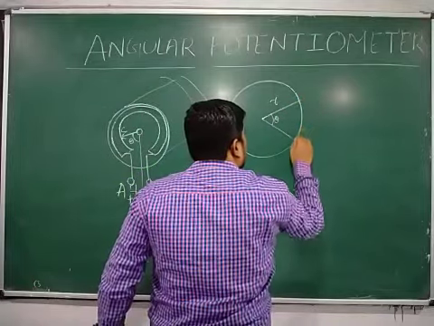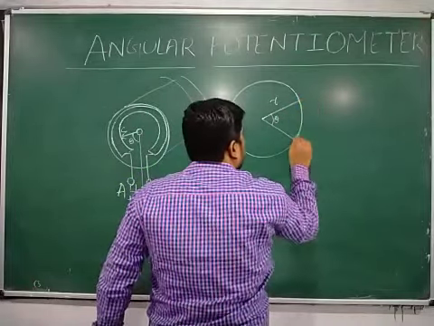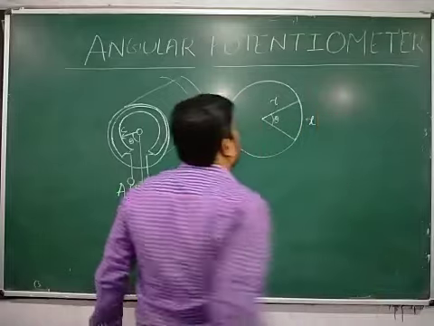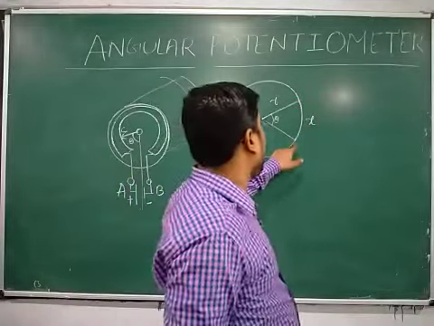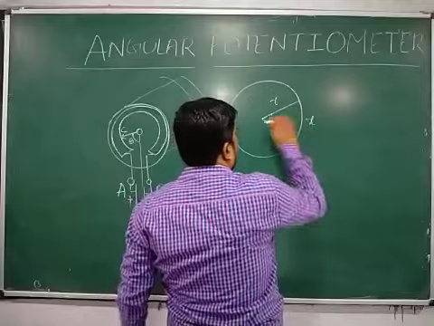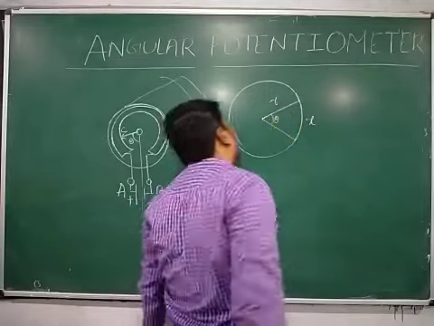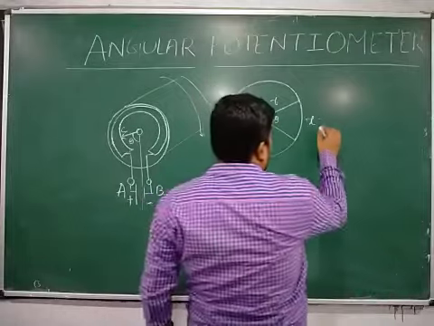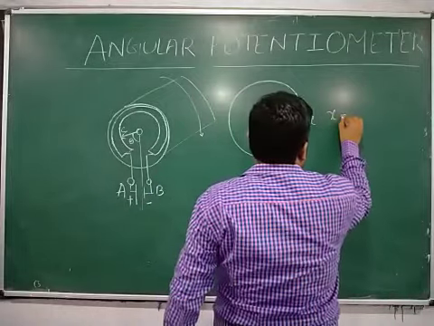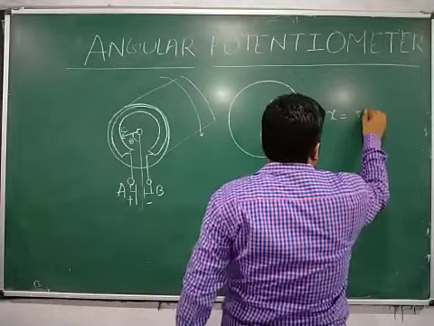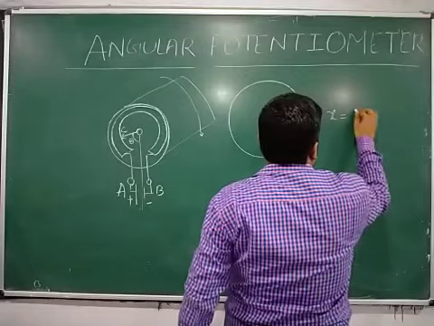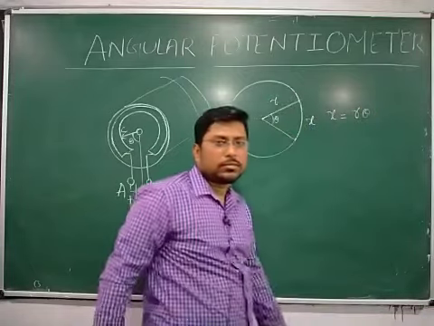Suppose this distance is x. So what is the value of x, if this is the radius and the angle turned by the radius is theta? I can write x equal to r into theta.